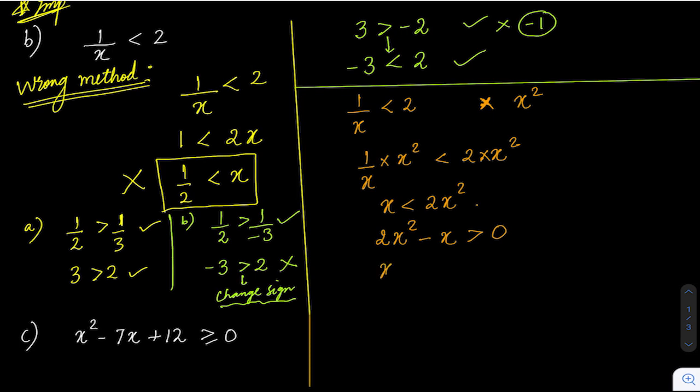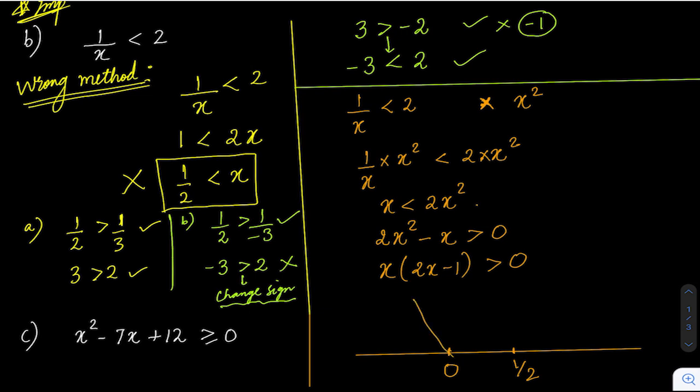So let's make factors. x into 2x minus 1 is greater than 0. Now on the left side we have a quadratic, so we can easily draw this. We have done quadratics and how to draw the graphs. So this is 0, this is half, and because the coefficient of x square is 2, that is positive, it's opening upwards. So the graph is something like this.